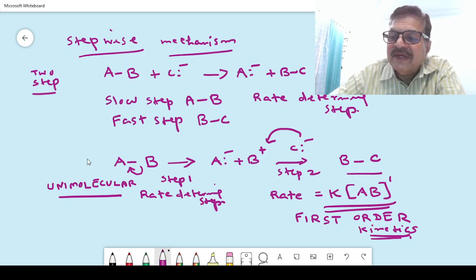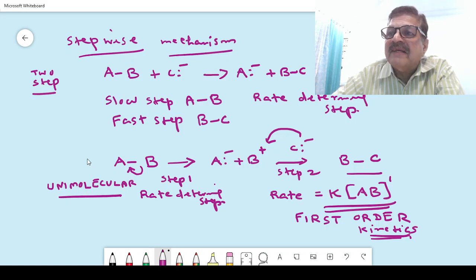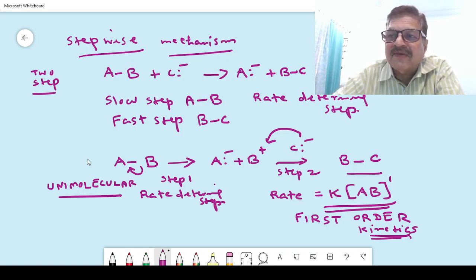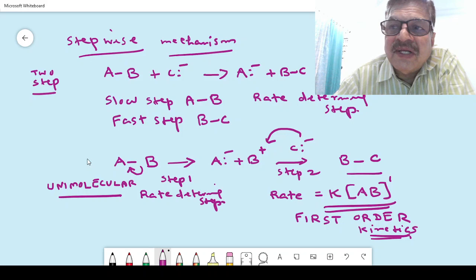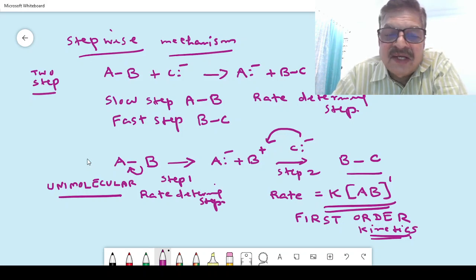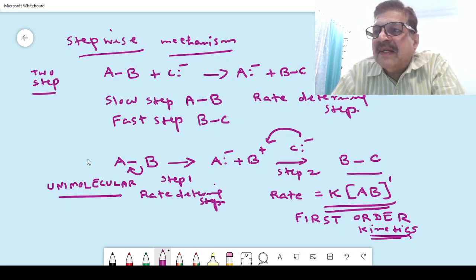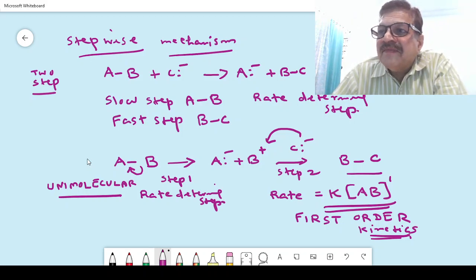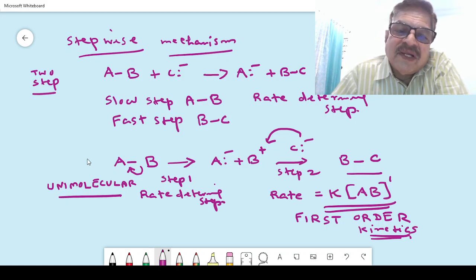That is the difference here in first order kinetics. C is not at all involved in the slow step. We are concerned only with the rate determining step, the slow step of the reaction. Therefore, C is not involved in the rate determining step, and that concentration term doesn't appear in the rate of the reaction. Correct? So neither its concentration nor its identity matters.